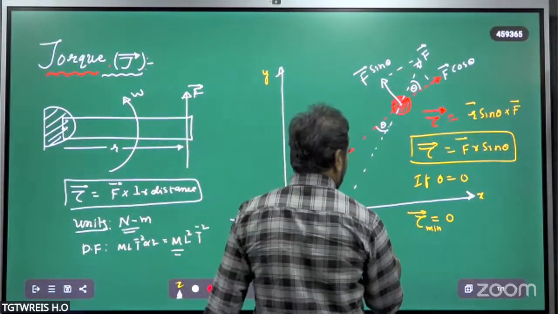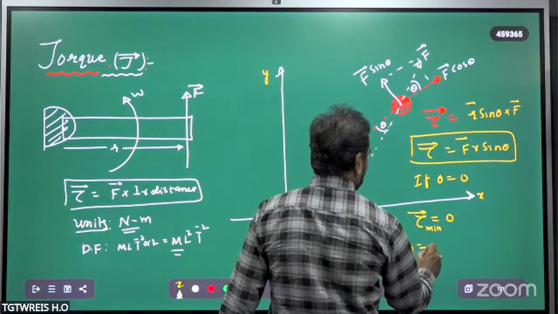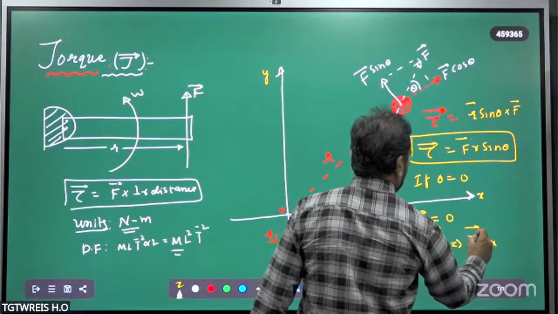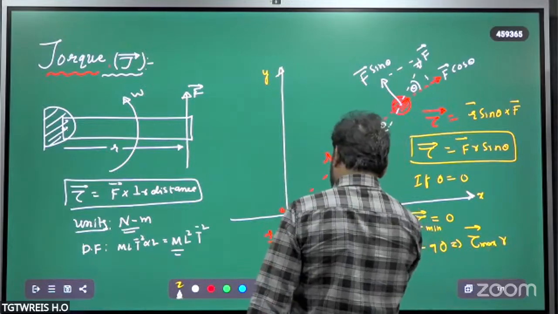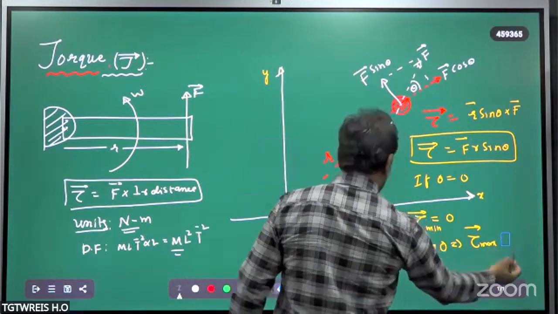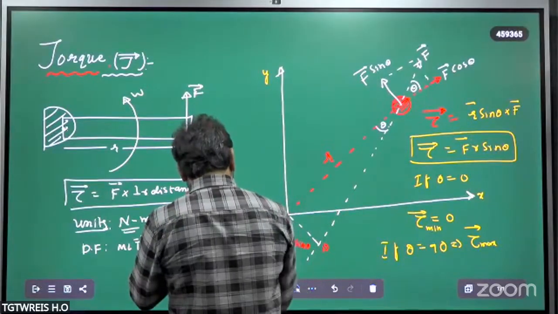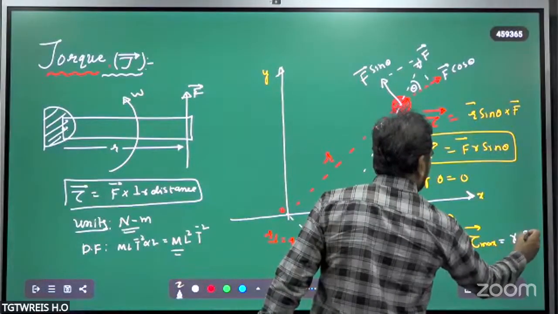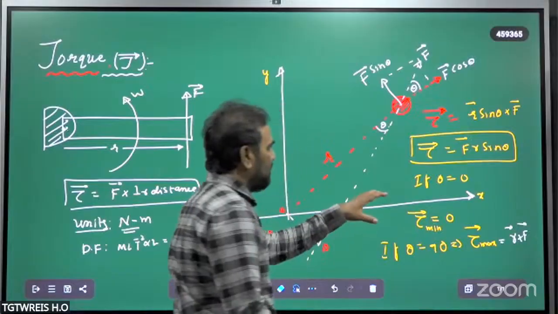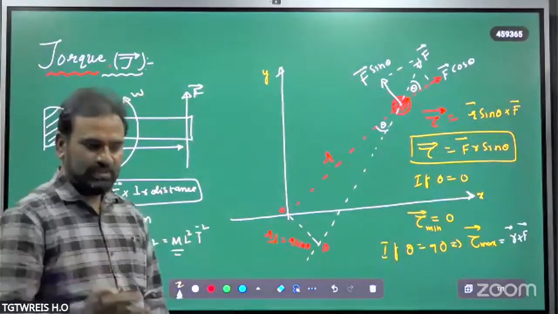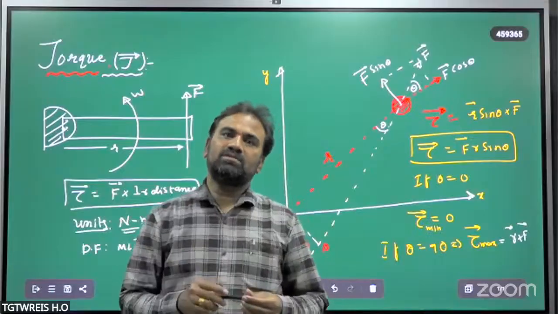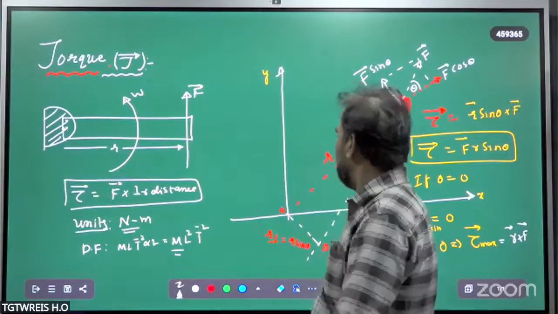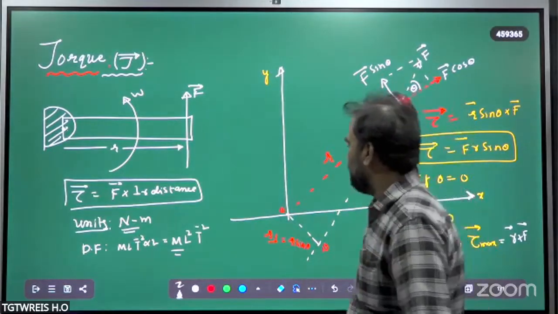If theta is equal to 90 degrees, tau max is equal to r cross F. This is the maximum torque acting on the particle. Is it clear? The turning effect of a force is called torque; simply remember that. So, based on the concept of torque, see one problem.